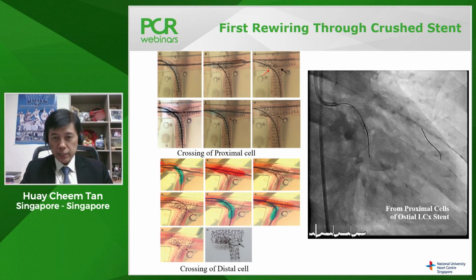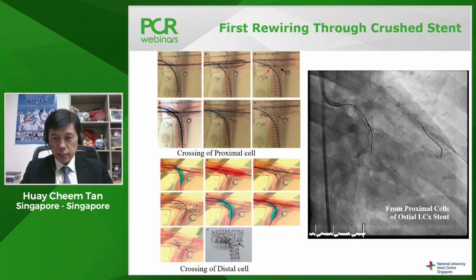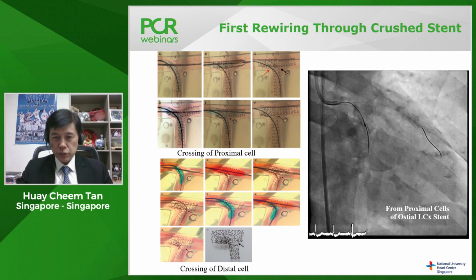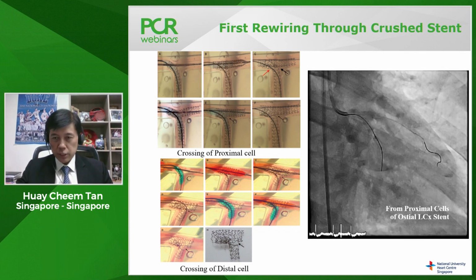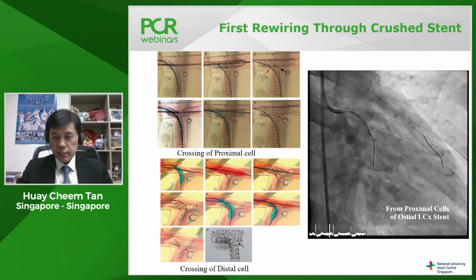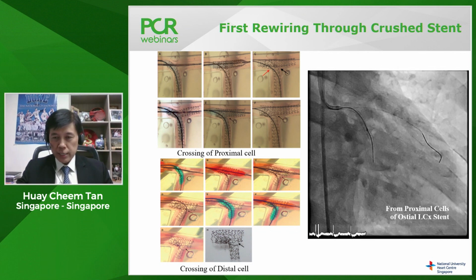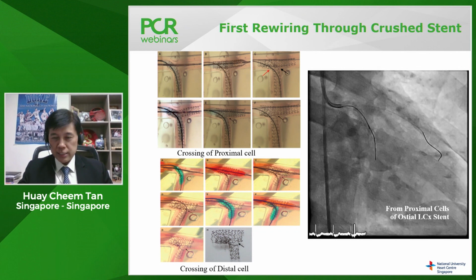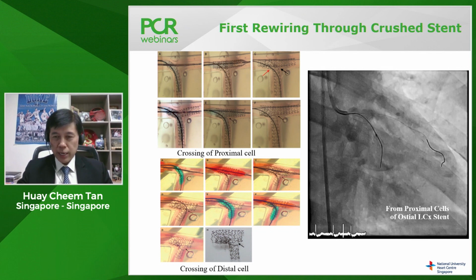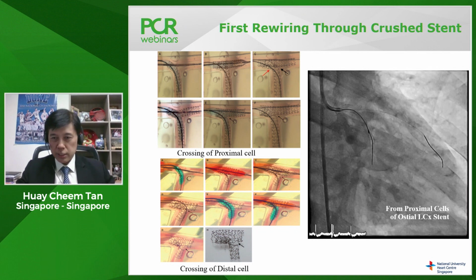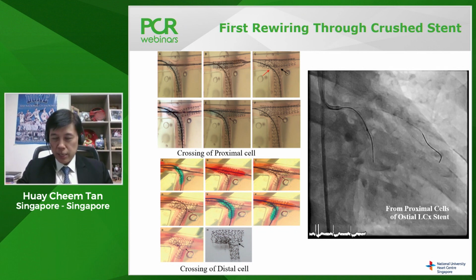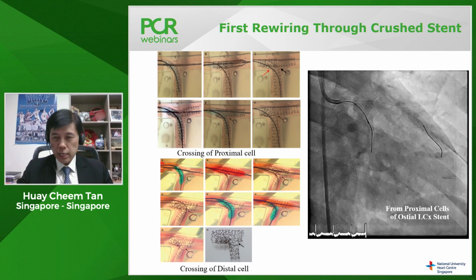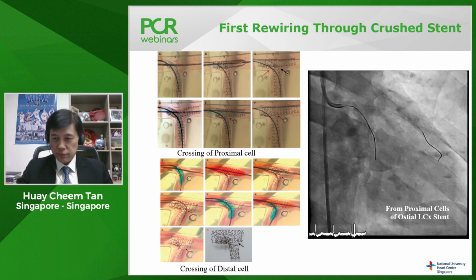But if you go by the distal cell, you might actually miss some of the coverage of the carina with the crush stent. So the idea here is to leave the original wire in the circumflex side branch. Using that wire as a marker, you track another wire down. And in this case, you will surely go into the proximal cell of the stent.